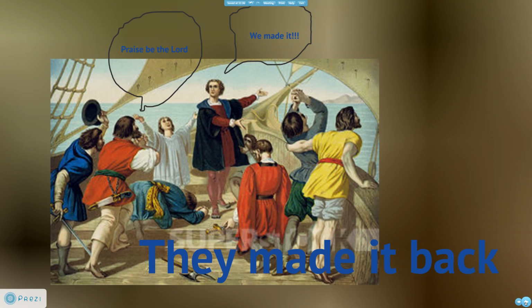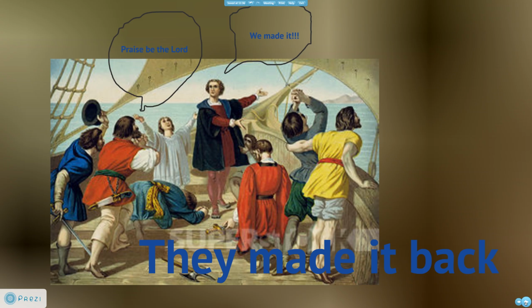What made Columbus so successful is that, number one, of course, he had that desire. He knew he could travel the Atlantic Ocean. He had good vessels, but probably the most important thing, what made him successful, was he was able to make it back.